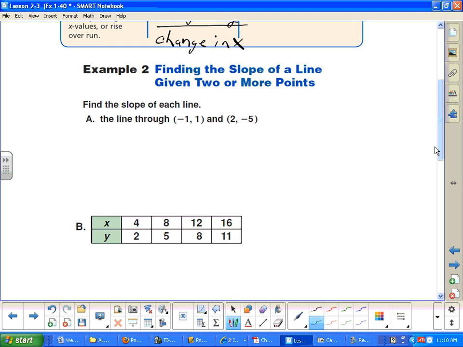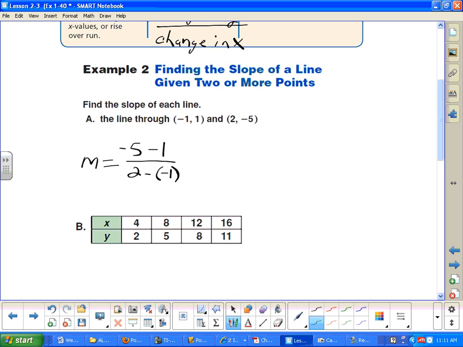So, Mitchell, did you use these two together? Okay. So, slope. What goes in the numerator then? Natalie, tell me what you wrote. Okay. -5 minus 1 over 2 minus -1.